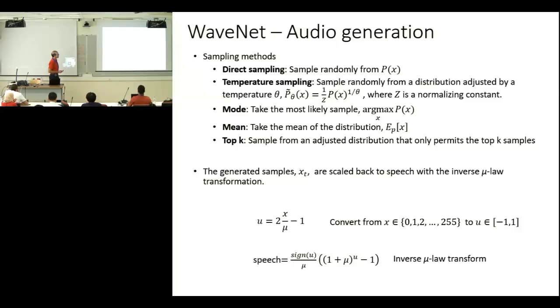From my experience, direct sampling, which is one of the easiest to implement, is also the one that works best in most situations, followed by temperature sampling. After we have produced a sequence of samples, the samples are scaled back to speech with the inverse mu-law transformation, and we have the speech signal.